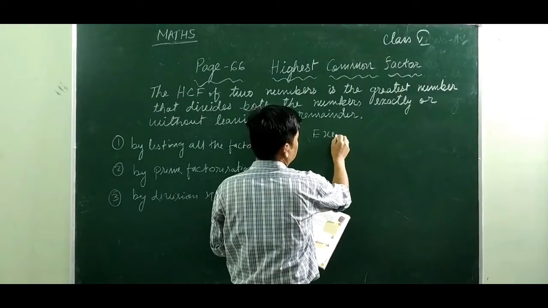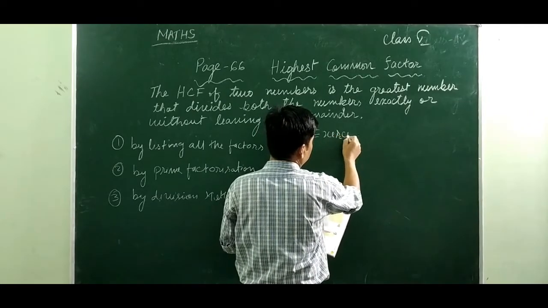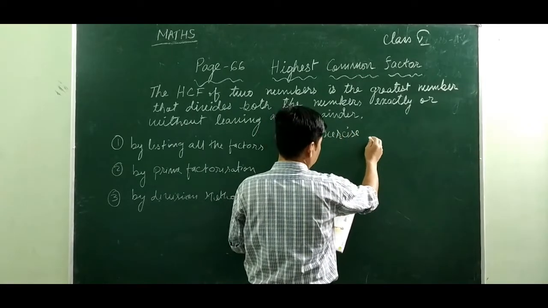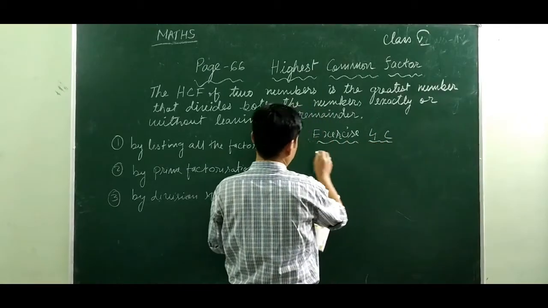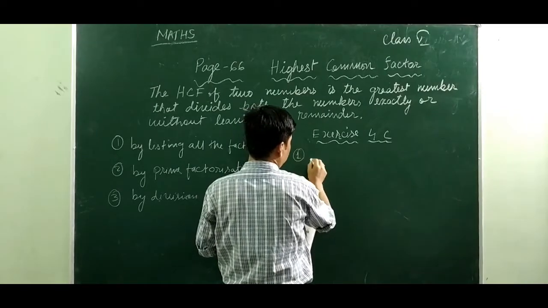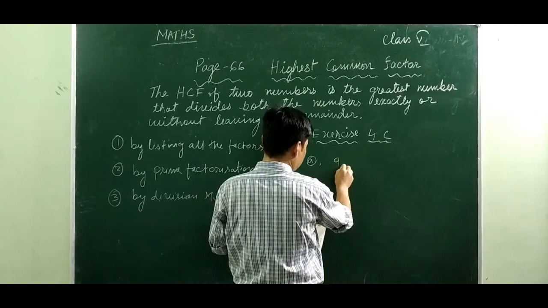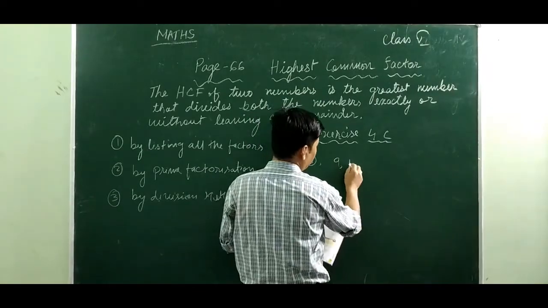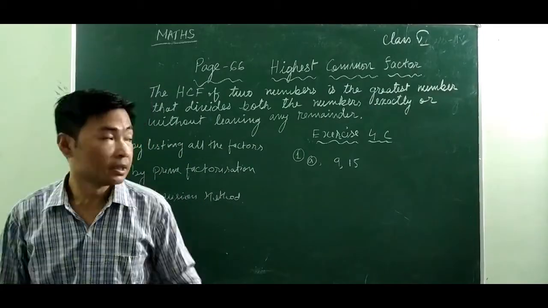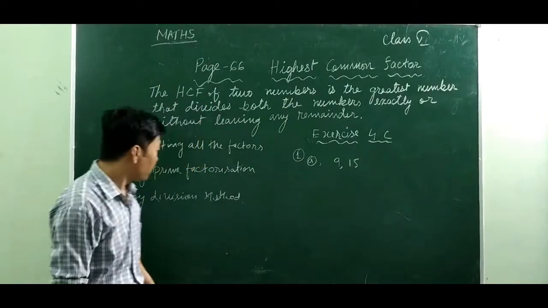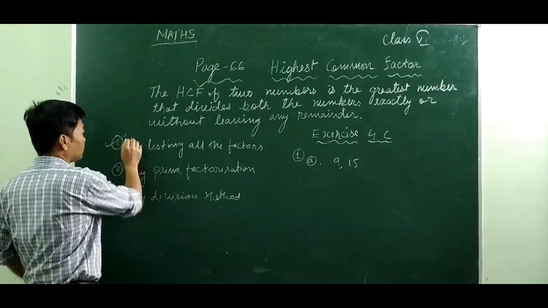Exercise 4C, number 1A. The question is that the given two numbers are 9 and 15. We can find the common factors and the highest common factor using all three methods. Let's start with number 1.